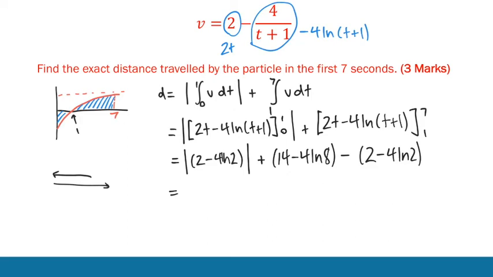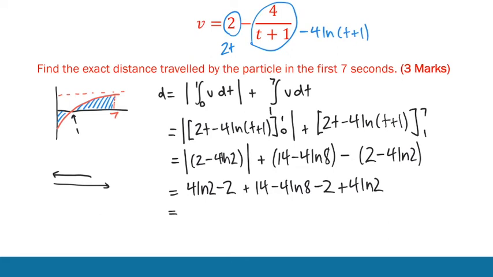So let's simplify this just a little bit. When we do this, the absolute value here, 2 minus 4 log 2, if you pop that into your calculator, that's actually a negative number. The absolute value will turn it into a positive number, and it does that just by swapping those 2 numbers around. The rest, let's just expand it, taking into account any sign changes at the end with the brackets.